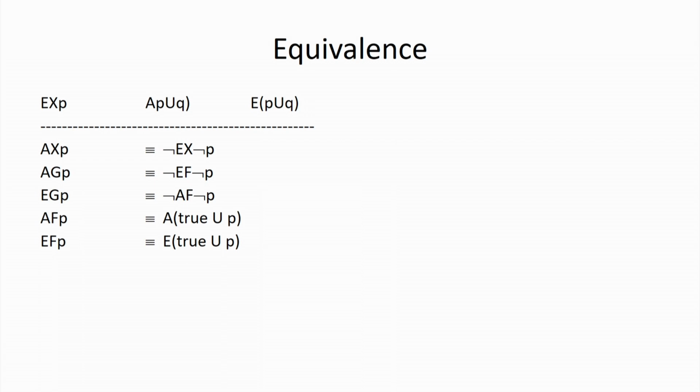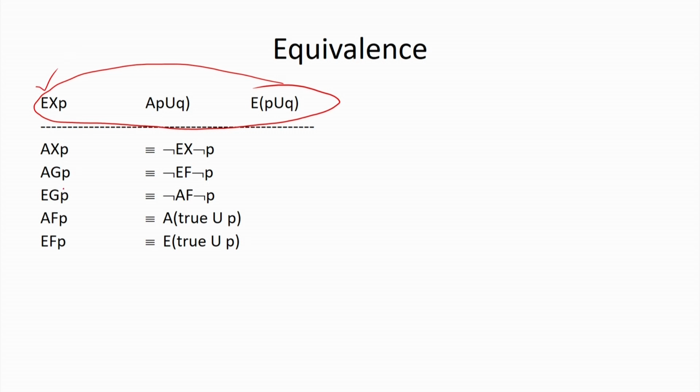If I am considering that this is the adequate set of operators, then what will happen? AX P is equal to not of EX not of P, that means it is expressed with the operator EX.